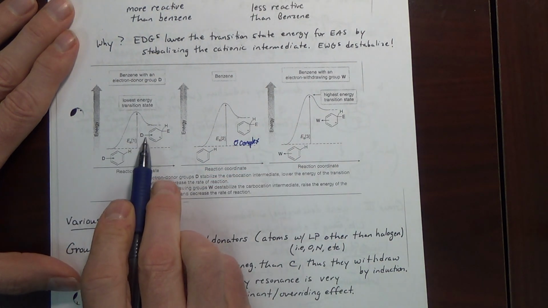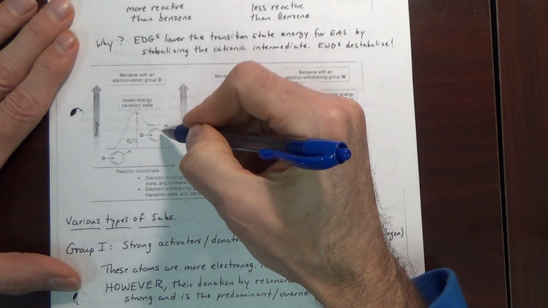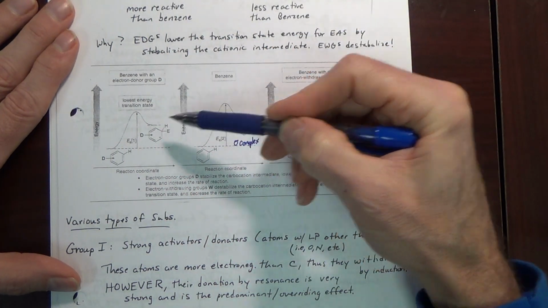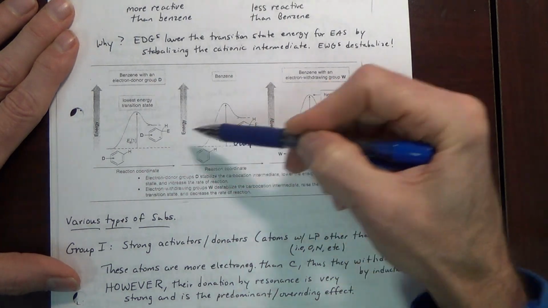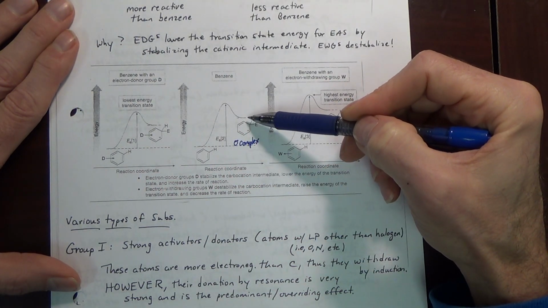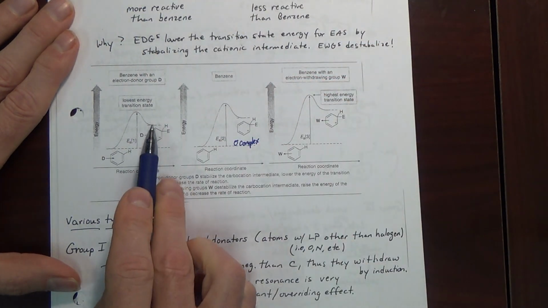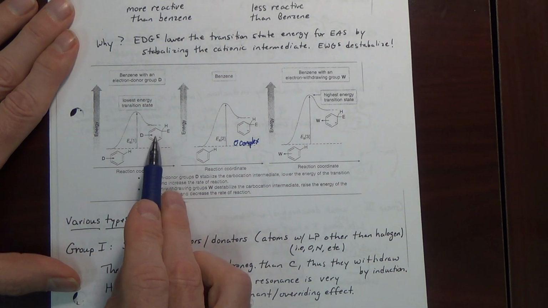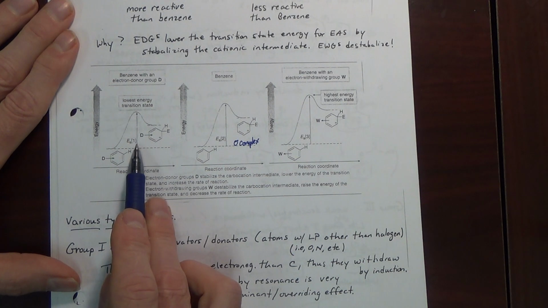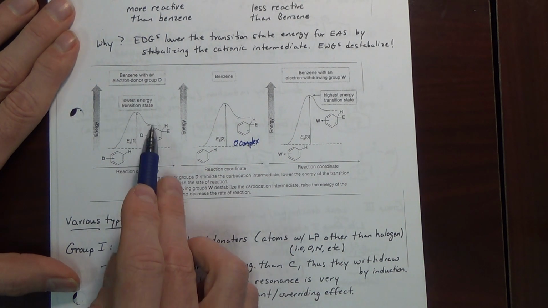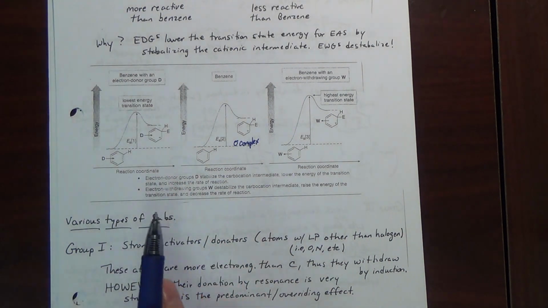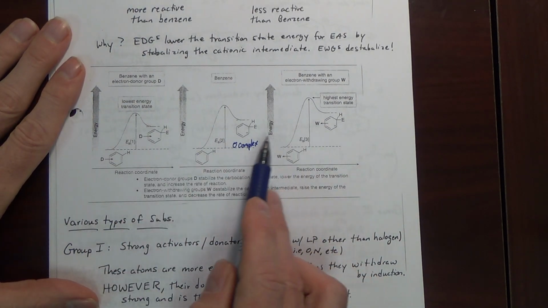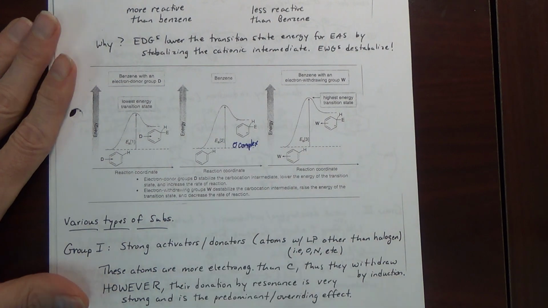But in general, donation will stabilize the positive charge, and thus this intermediate will be lower in energy compared to if that donating group was not there. If the intermediate is lower in energy, typically the transition state leading to it will be lower in energy. And this reaction will occur faster than if the group was not there.